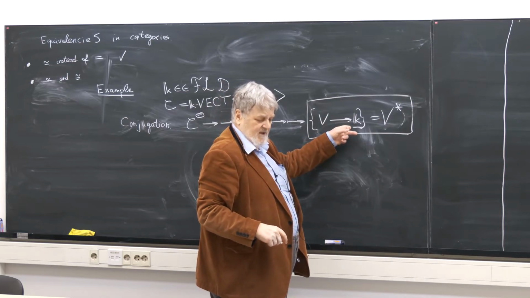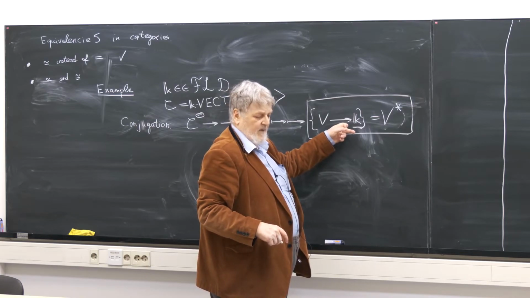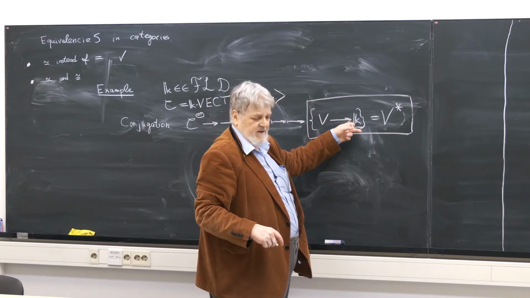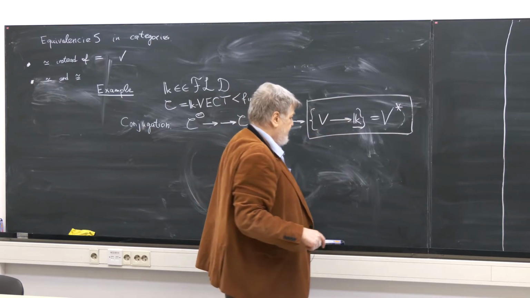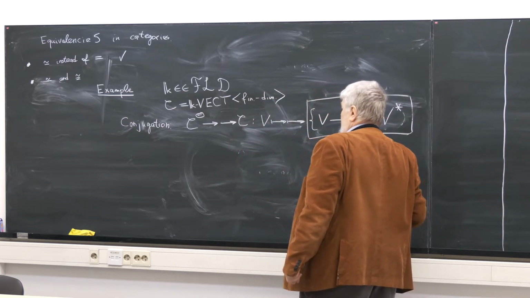So it's the set of linear operators or morphisms from V to the one-dimensional space over K. Anyhow, everybody knows what it is.